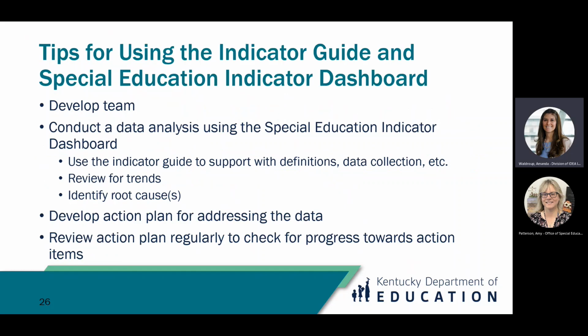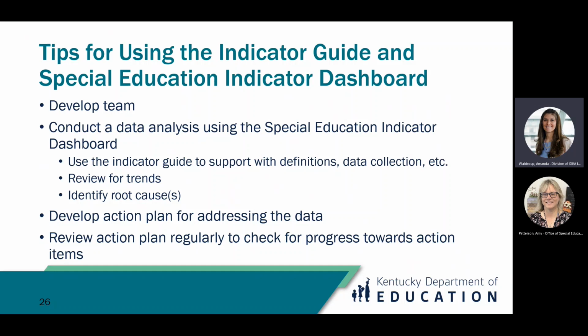This just gives you some tips for using the indicator guide and special education indicator dashboard. You saw a little bit of that shared with you today during the presentation. The first thing you could do is develop a team and then conduct a data analysis using the special education indicator dashboard. The indicator guide can really help support looking at that data, because it provides definitions about each indicator and how the data is collected.